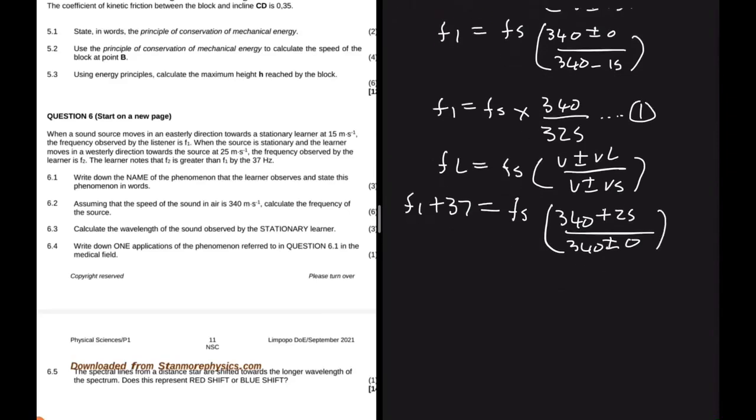So F1 plus 37 equals Fs multiplied by 365 divided by 340.